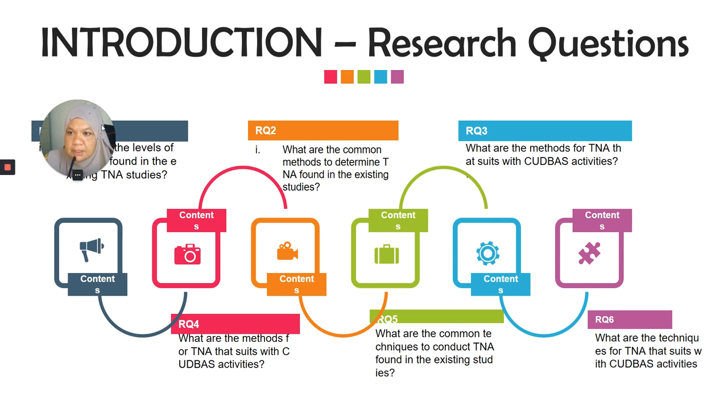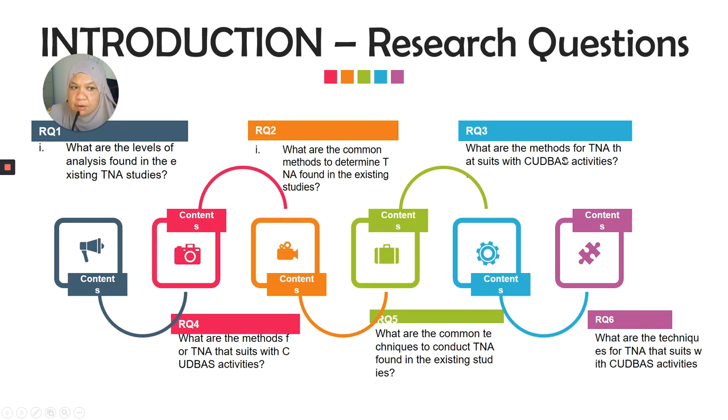Here are my research questions. I have 6 research questions. The first is: what are the levels of training needs found in the existing TNA studies? The second question is: what are the common methods to determine TNA found in existing studies?